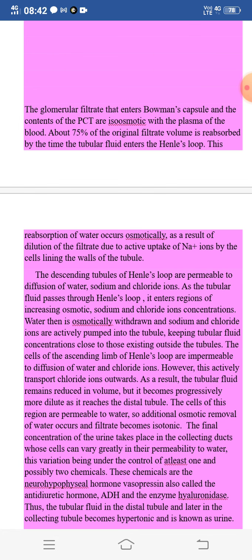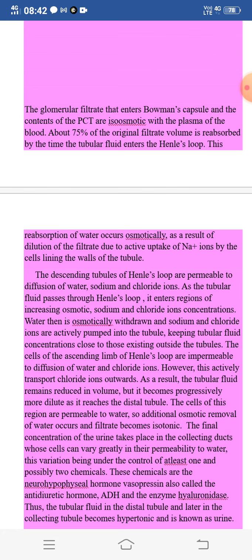There is the isotonic condition, which means that when the urine is in an isotonic medium, there is equilibrium or an equal balance of the water and the inorganic contents like the sodium ions or the chloride ions maintained in the urine present inside the convoluted tubule, that is the PCT.